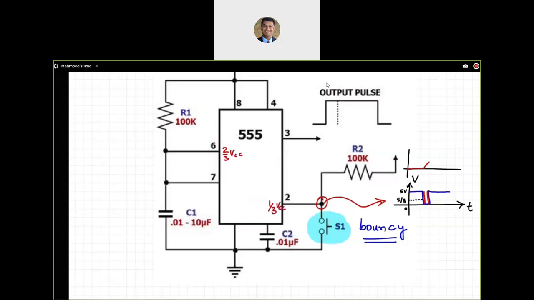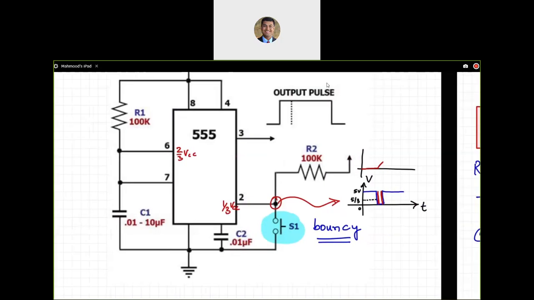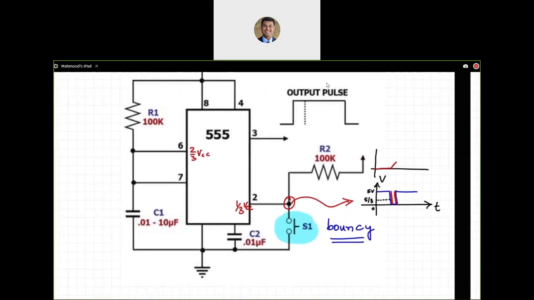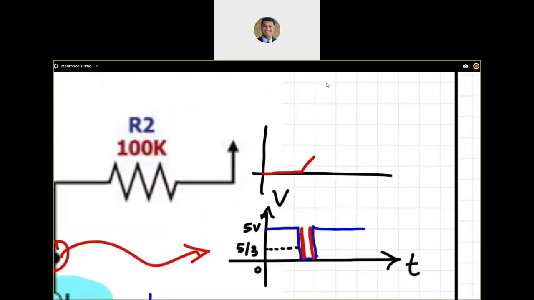So the capacitor will charge until the capacitor voltage reaches 2/3 of that voltage. Let me draw that over here. This is the voltage across the capacitor, and this is again time.